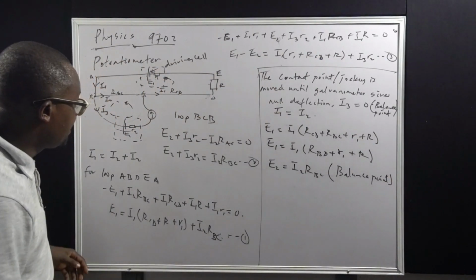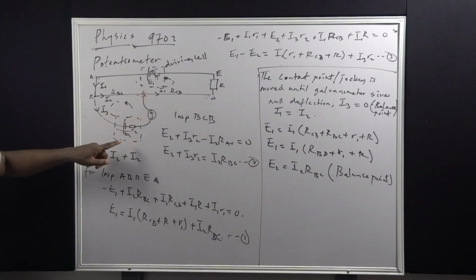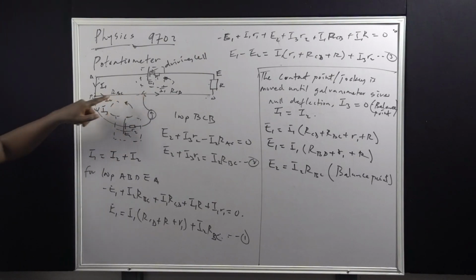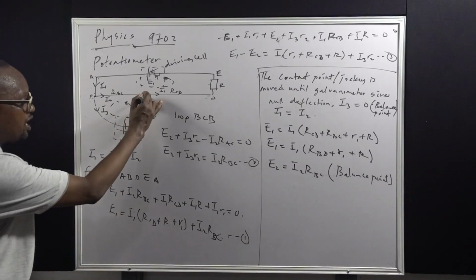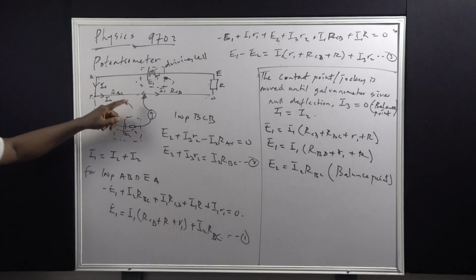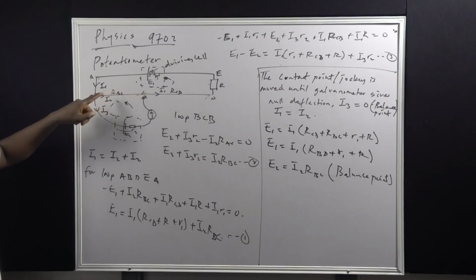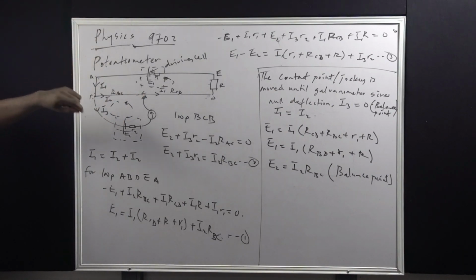So when the galvanometer gives a null deflection and there is no current in this wire, it means that the EMF of this battery is balanced by the resistance of the resistance wire across the battery. So when the contact point is moved until it gives a null deflection, at the point of the null deflection, the EMF of this battery is balanced by the resistance of this resistance wire, which is a very useful application of the potentiometer.